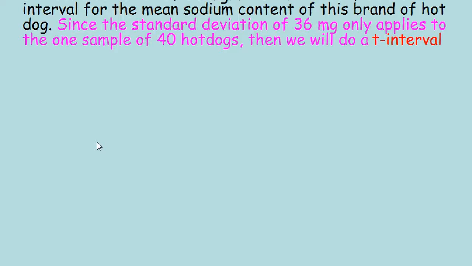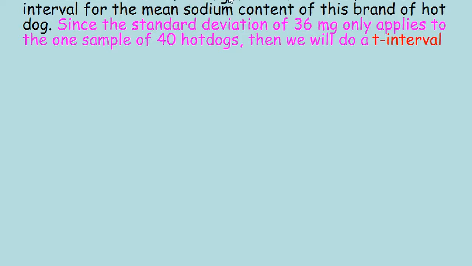Obviously number 2 is going to have to be a T interval, because we already did a Z interval. Problem number 2. A nutrition laboratory tests 40 reduced sodium hot dogs. These 40 hot dogs have a mean of 310 milligrams of sodium with a standard deviation of 36 milligrams.